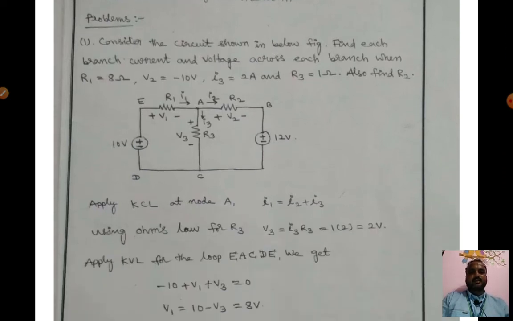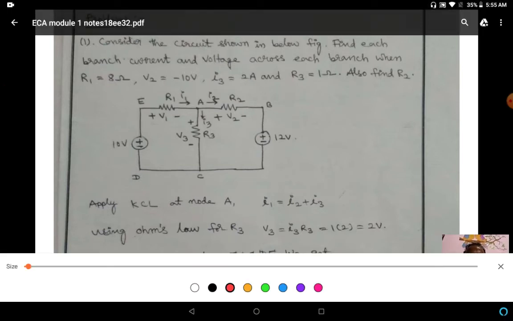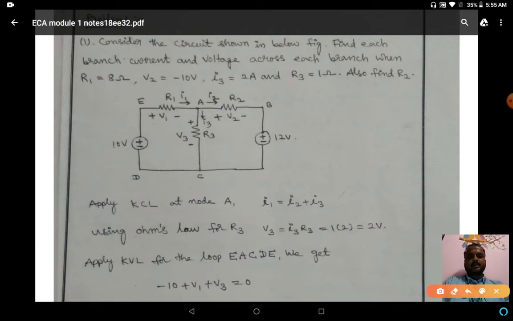Next, coming to one simple problem. Consider the network shown in the figure below. Find each branch current and the voltage across each branch when R1 is equal to 8 ohm, V2 is equal to minus 10 volts, I3 is equal to 2 amperes, and R3 is equal to 1 ohm.